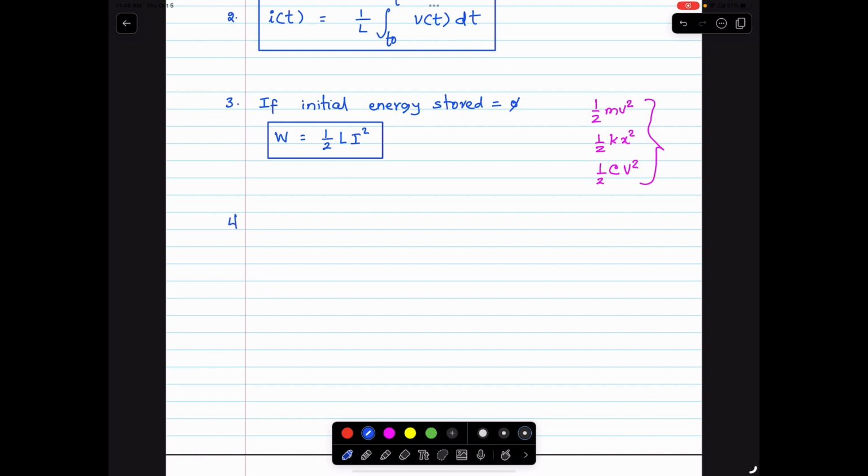Number 4, so we are looking at a quick summary of section 6.1, a fundamental property of inductor, that is number 4. The current in an inductor cannot change instantaneously.